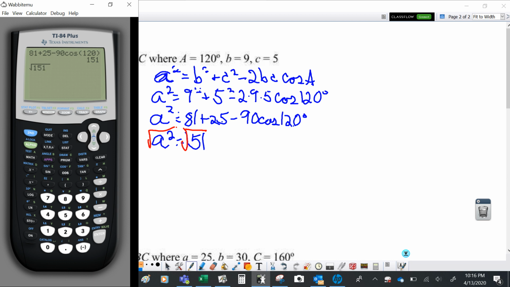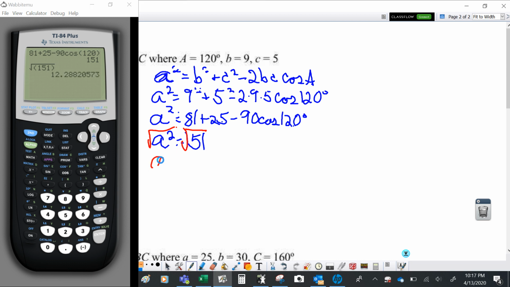Now, if your calculator puts that long bar over top of the square root, cool, you're all set. However, if it doesn't, it's going to open up a set of parentheses automatically on its own. If it opens up a set of parentheses, you need to close it. If it doesn't open up a set of parentheses, you're fine to just press equals. But if it does, make sure that you close them before you press equals.